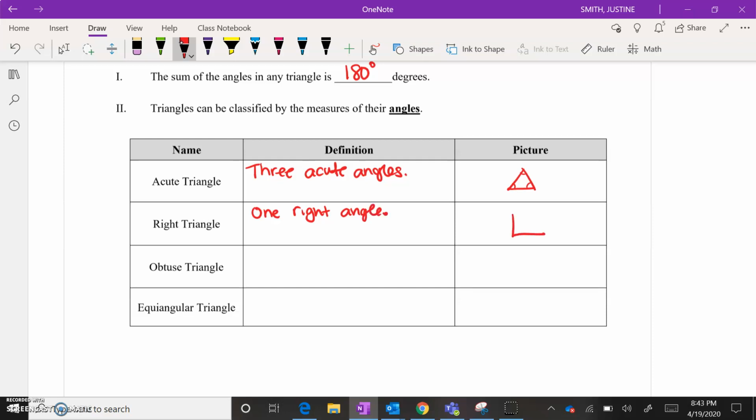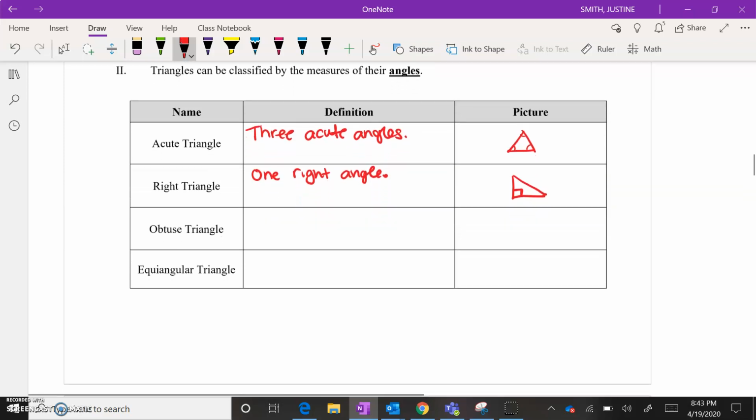Okay, so our picture here, we would have to have the right angle marking, so that would be a right triangle. An obtuse triangle has 1 obtuse angle. Okay, so, something like this. So remember, an obtuse angle is an angle larger than 90 degrees.